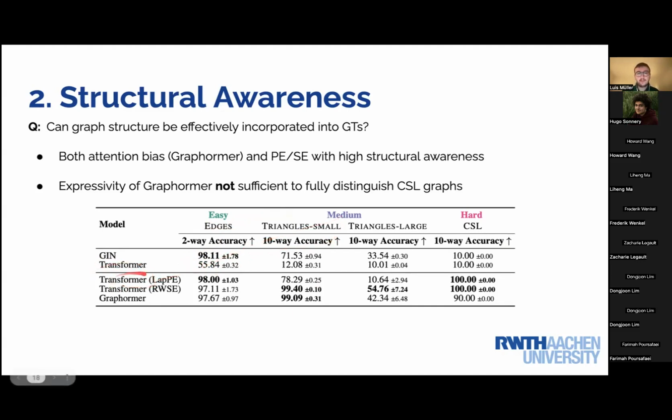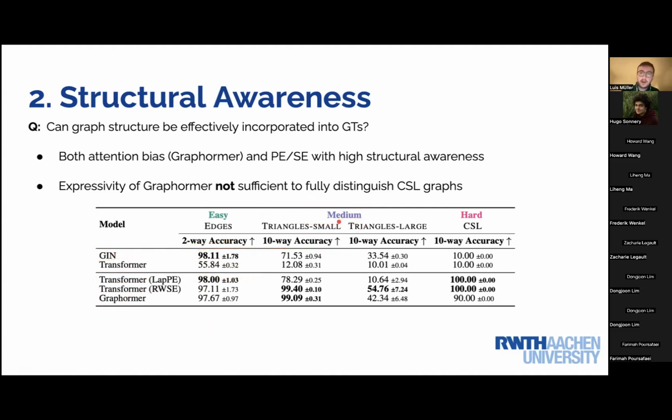We also find that both the Laplacian and random walk encodings are very good at this task, and also Graphormer, a model that uses attention bias. We grouped them by one doing positional, one doing structural, one doing attention bias, and then compared them. All of them almost perfectly solve this task, or at least as well as the GNN.